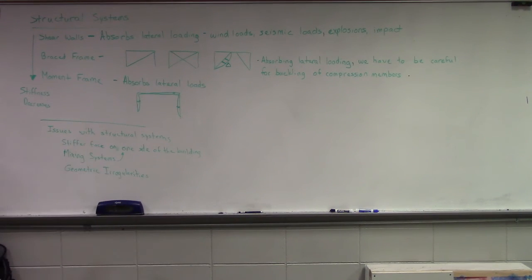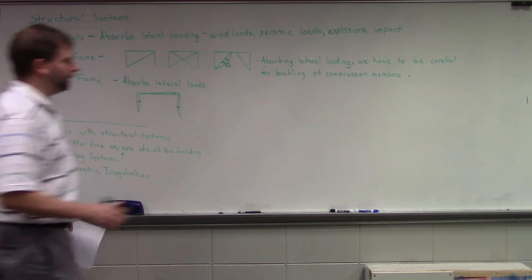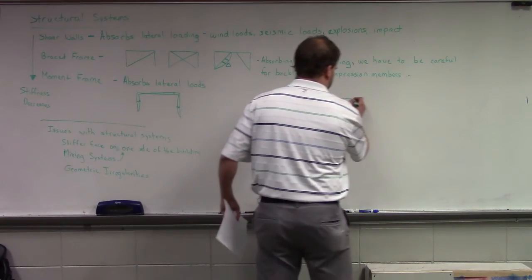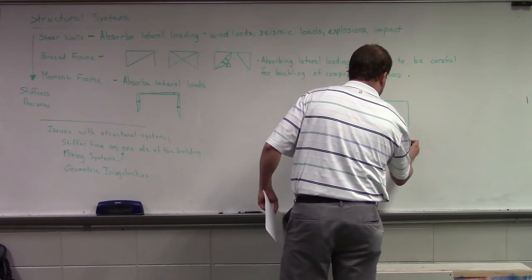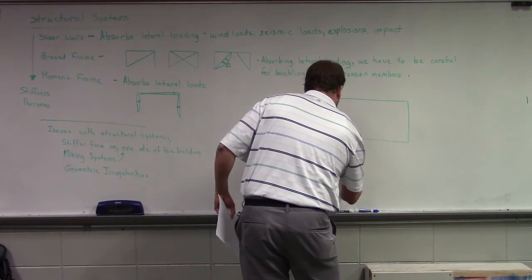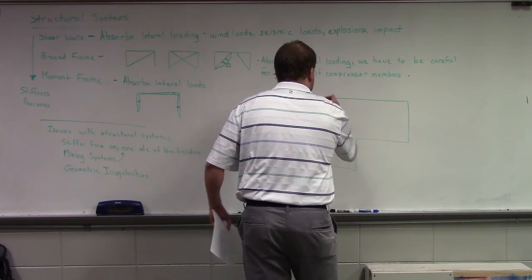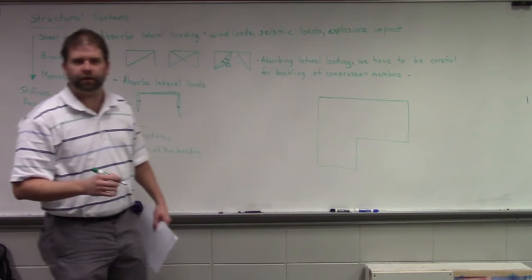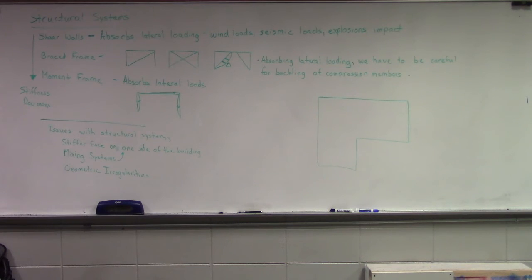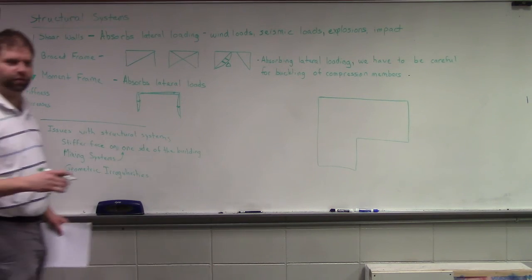So what happens if we're using a shear wall on both sides of our building, but our building isn't a perfect square? Because engineers don't design buildings, architects typically design buildings, right? Architects don't like perfect boxes. If engineers designed all the buildings, everything would just be a box because it'd be real easy.